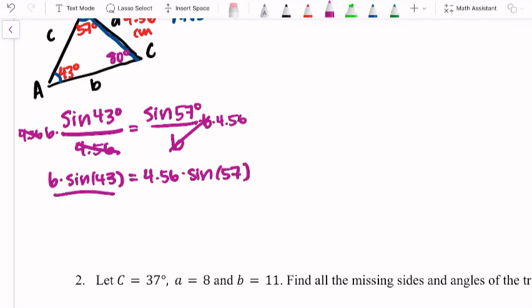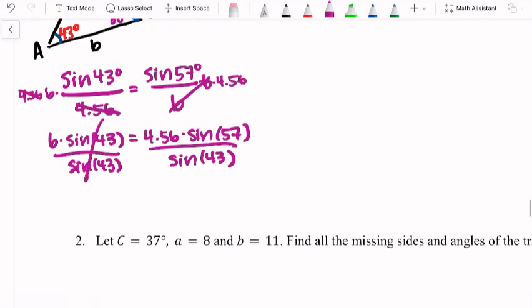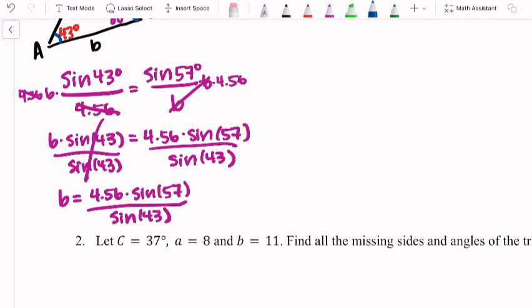If I want to get B by itself, I'm going to divide both sides by sine of 43. So just solving the ratios. It's going to leave us with B equals 4.56 times sine of 57 in my numerator, and in the denominator, I have sine of 43.